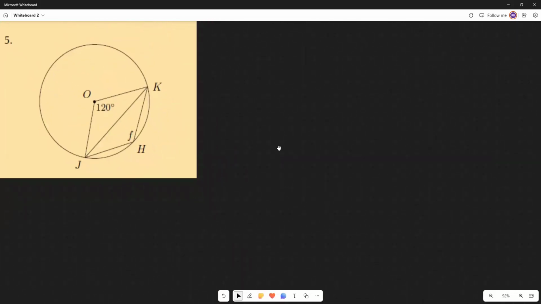Here, we need to get F. Remember, I said this, ladies and gents: if you have a situation like this, you're always going to create a V, just finish it up like that, because it helps you to see it nicely. So I move from this point, I go there. I move from this point, I go there. So this angle will go with that one.